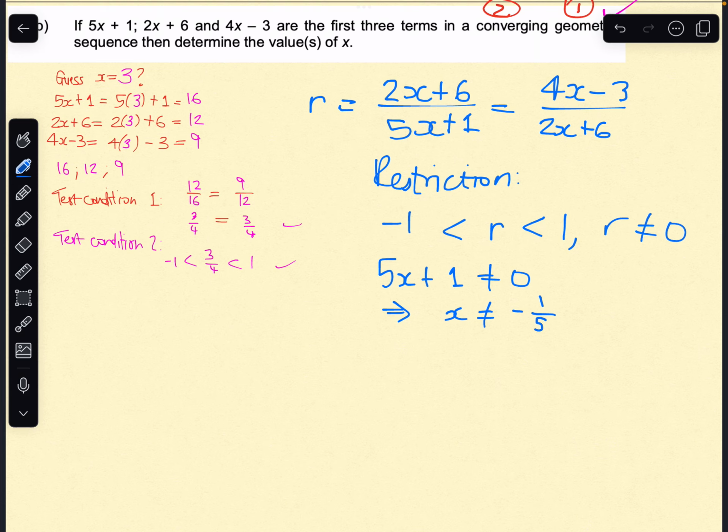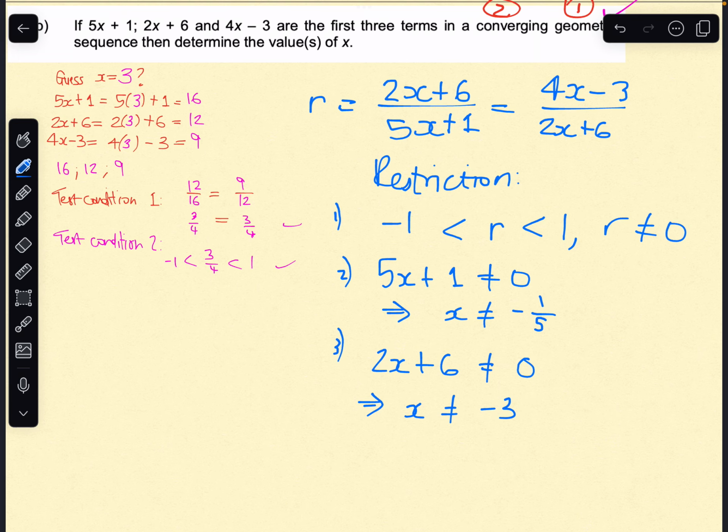And another restriction will be that 2x + 6 also can't be equal to 0. This is because both of these expressions appear in the denominator of a fraction. So we've got 5x + 1 over here and 2x + 6 over here. So those are just some more restrictions to bear in mind.